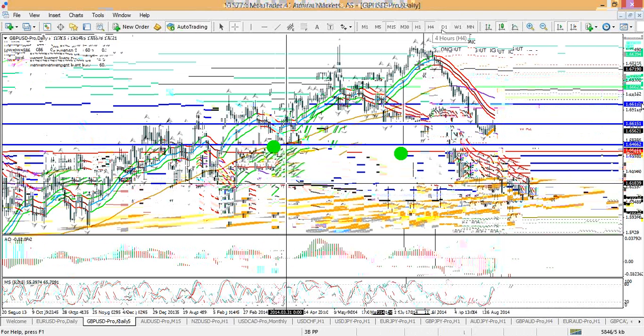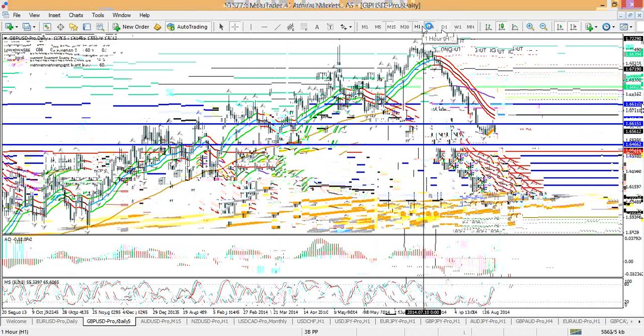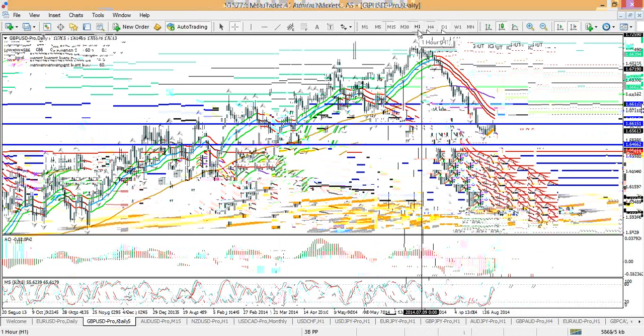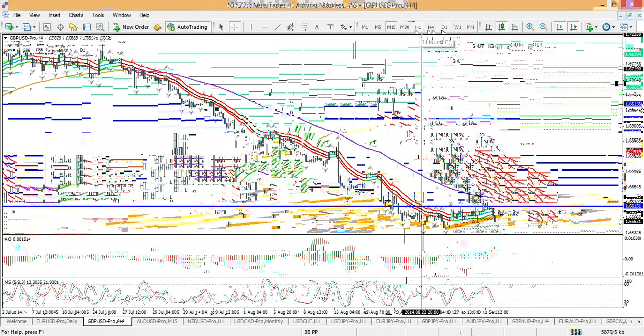And let's see. Now the interesting part, you can use the AO and moving averages as well to count waves, by the way. I didn't mention that because I don't want to make it too complicated and scare people off, but you can use it. Now my wave count might be slightly off because I was expecting a fifth wave to end here.